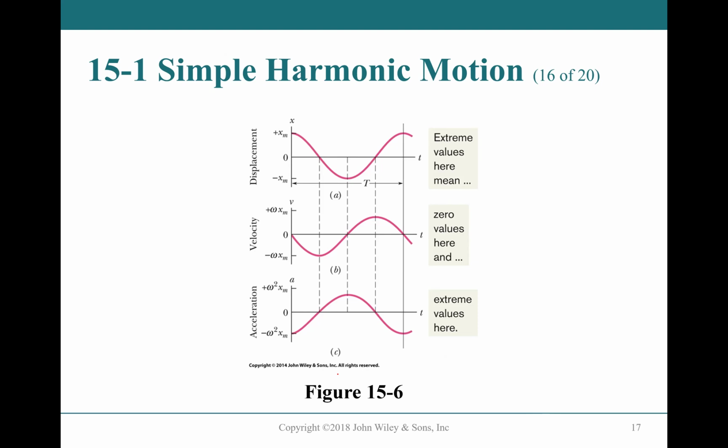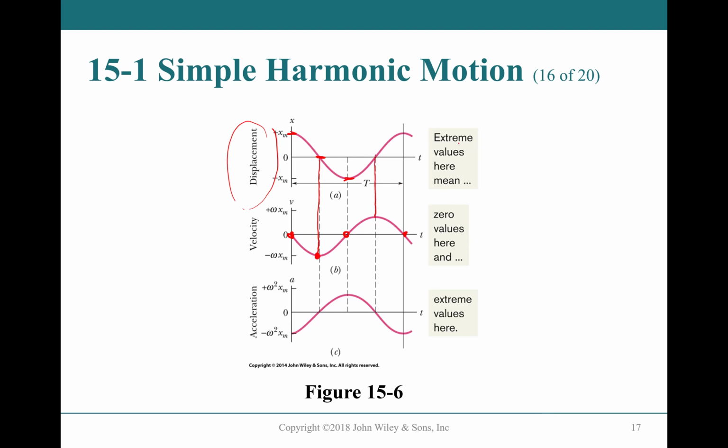And we have some extreme values. So this is the position as a function of time. You can see maximal value here, minimal value here, 0 here. But if you take the first derivative, you are going to get 0 here, 0 here, and 0 here, and you are going to have minimal value here and the maximal value here.